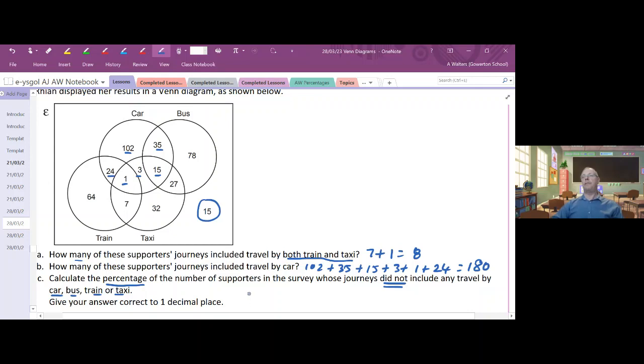So 15 out of, you would add up all those numbers, and all those numbers come to 403. To change a fraction to a percentage, you multiply by 100. Then you tap that out in your calculator, and you end up getting 3.7% when you round it to 1 decimal place.